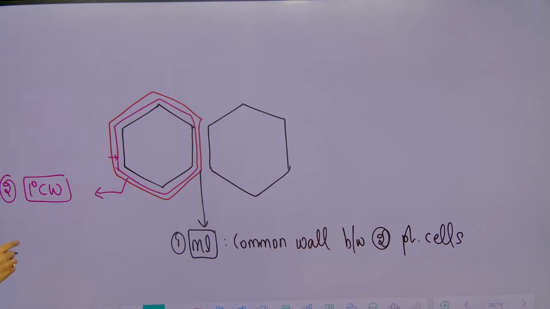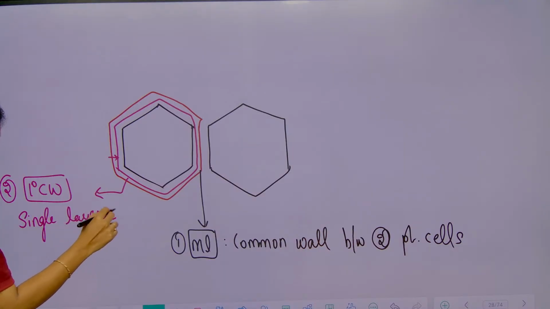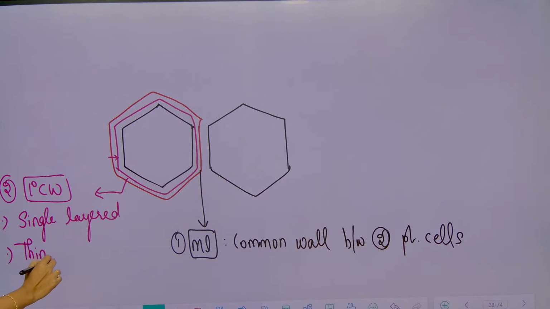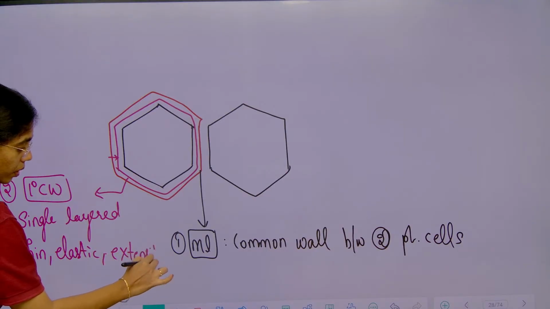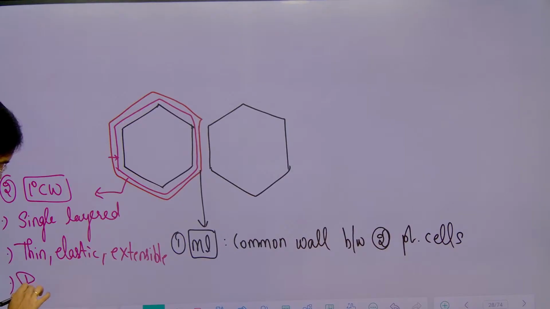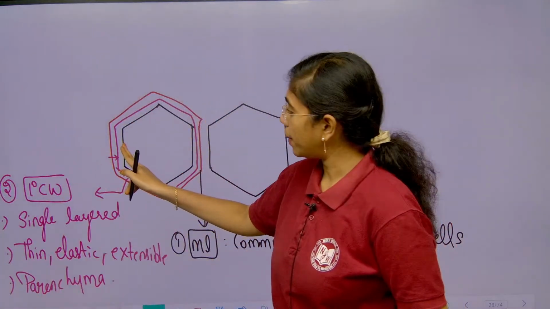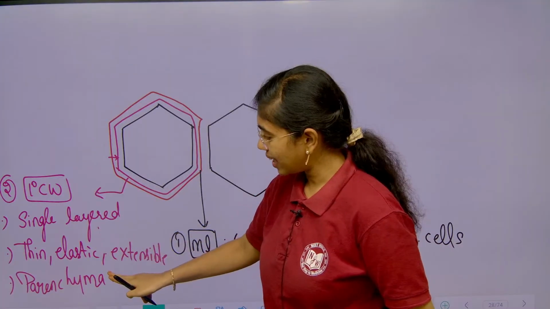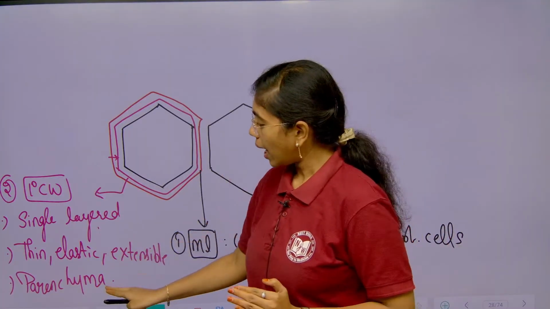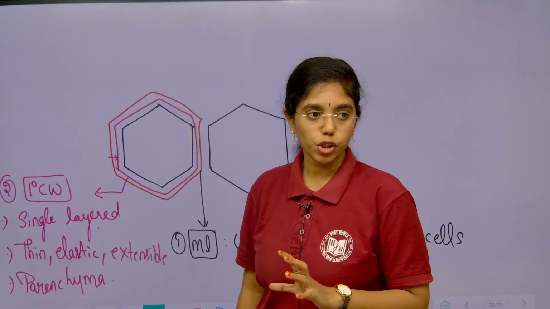Primary cell wall is single layered. It is thin, elastic, extensible, and made up of parenchyma, loosely arranged.